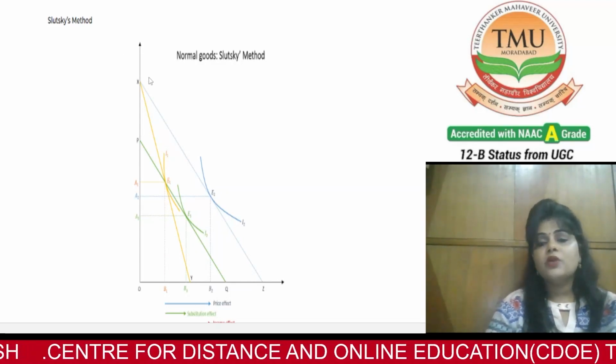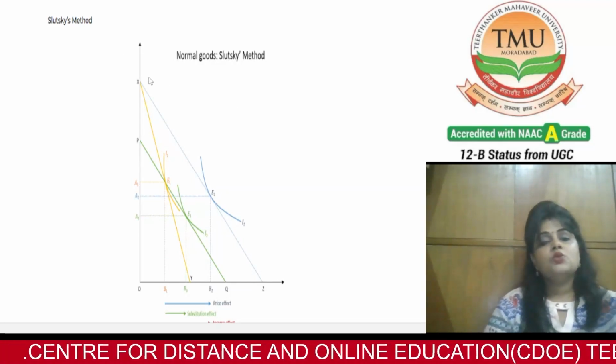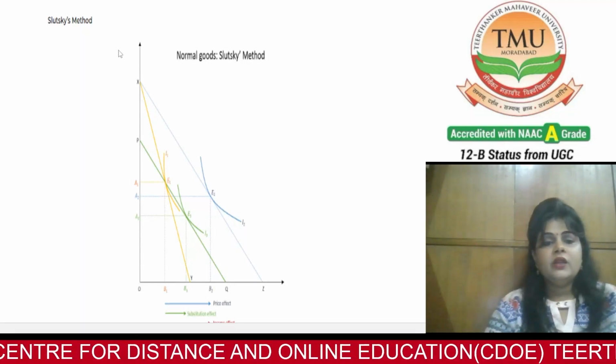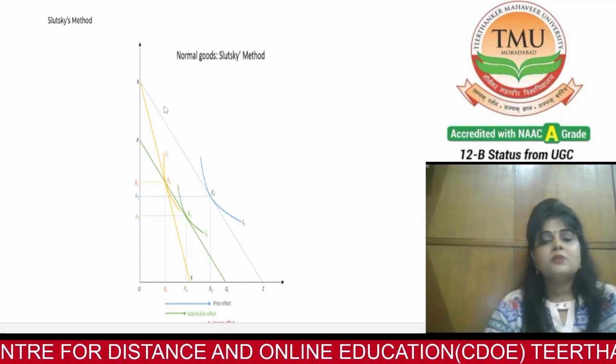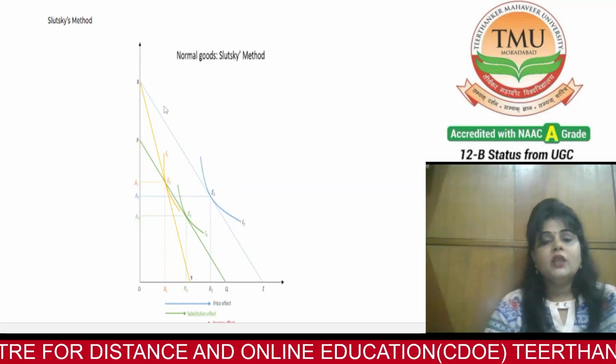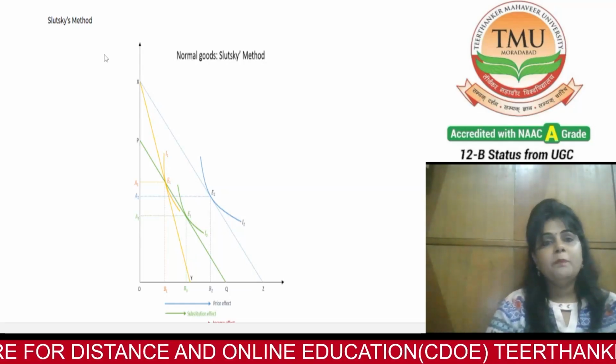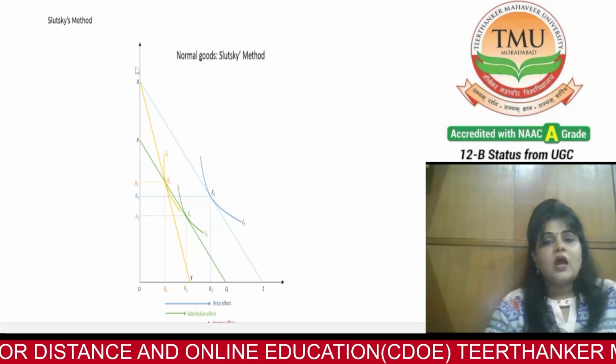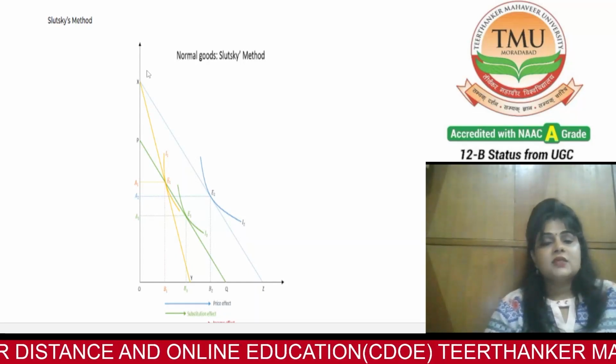Because the price of the commodity has decreased, the consumer will not be in equilibrium at E1. Instead the consumer will maximize utility at the point where the budget line PQ is tangent to a new indifference curve IC3.